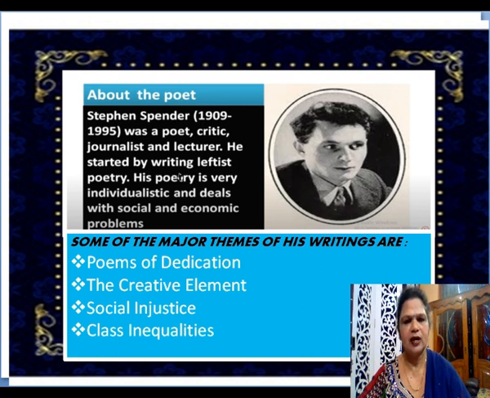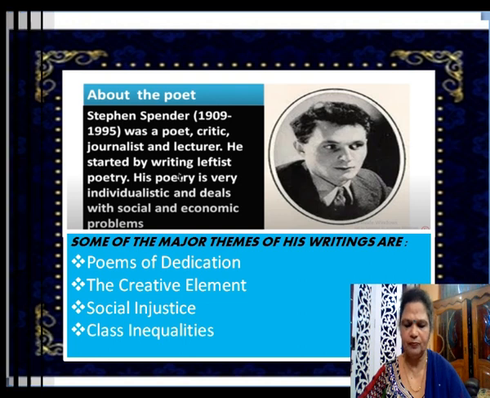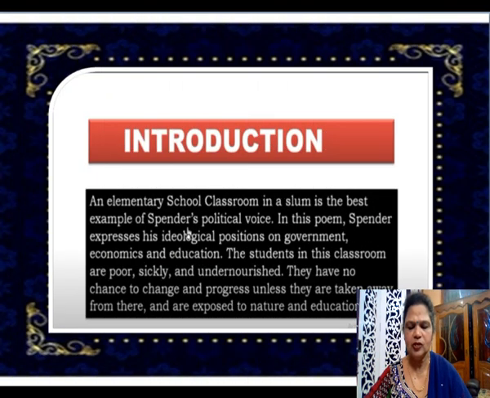Now, first, I want to tell you about the gist of this poem. An Elementary School Classroom in a Slum is the best example of Stephen's political voice. In this poem, Spender expresses his ideological positions on government, economics, and education.